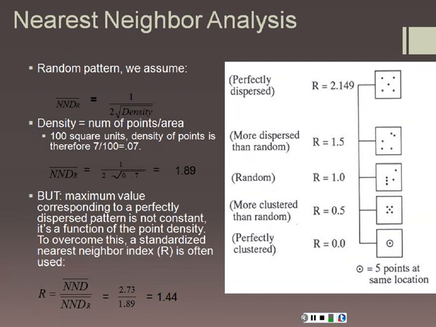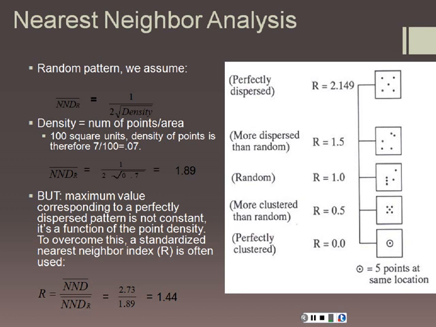So we assume if the pattern's random that we'll see something like this. A random distribution would be expected to have some relationship like this: 1 over the density of points.